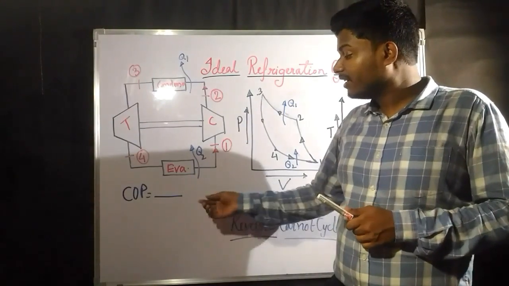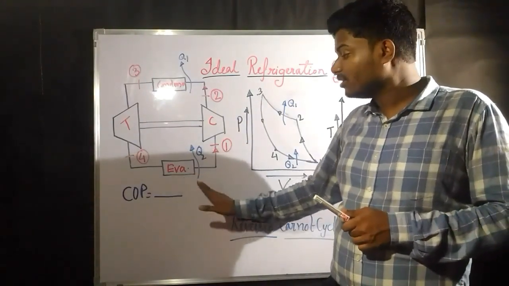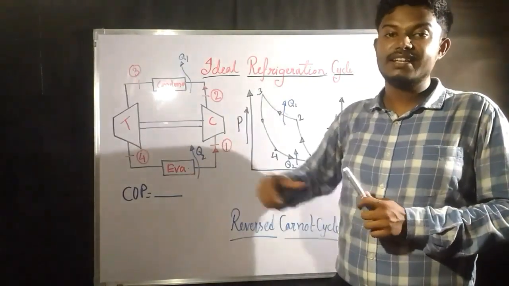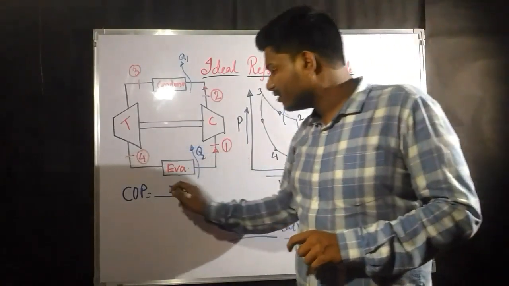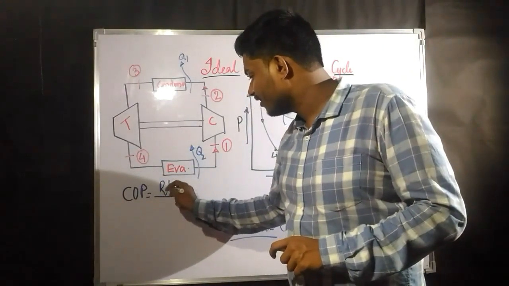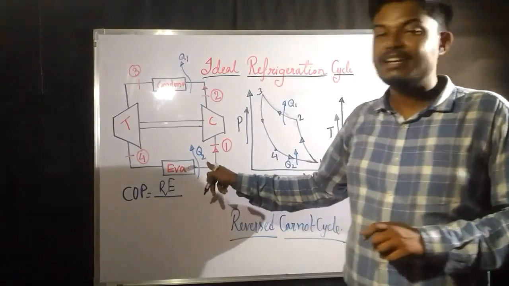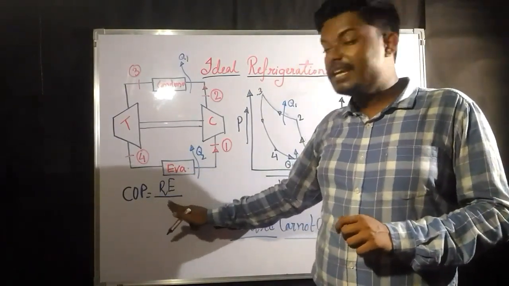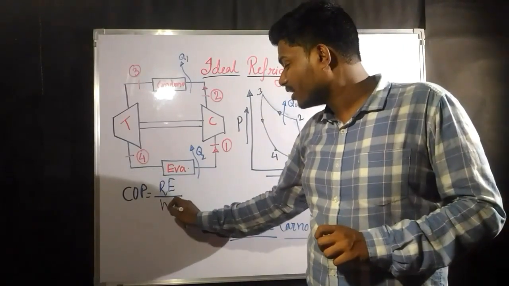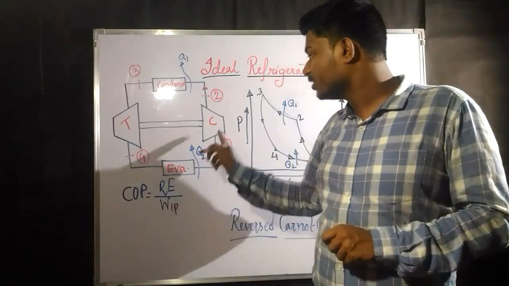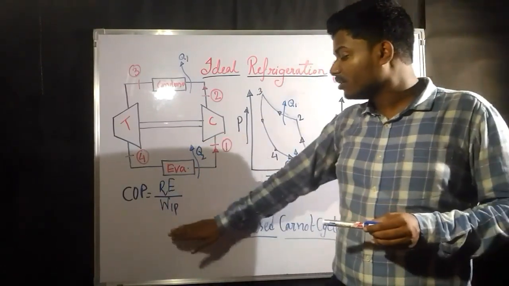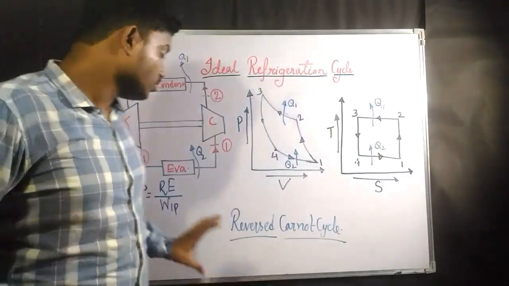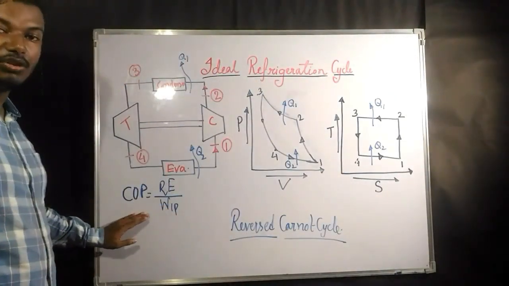The thing we need to know is the amount of heat that is taken out from the space. So this is nothing but the refrigeration effect, or you can write Q2. And what is going to be the input? The input is whatever work input you are going to give with the help of this compressor, and it is going to be in the denominator. So this ratio is going to give you the COP.